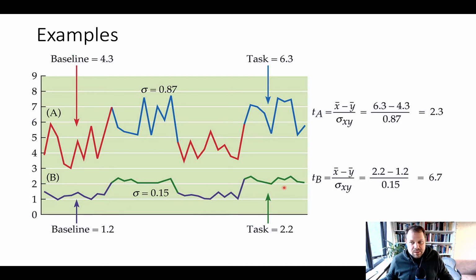We have another example here in which we have a baseline task that has a lower response. You can see that the difference between these two is a little bit lower, but we have a very small standard deviation term here. So that leads to a much larger response given that the pooled standard deviation is so small.